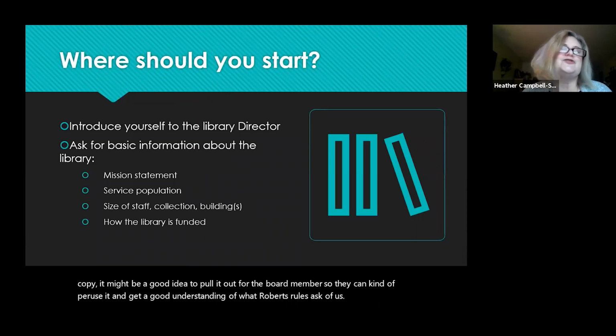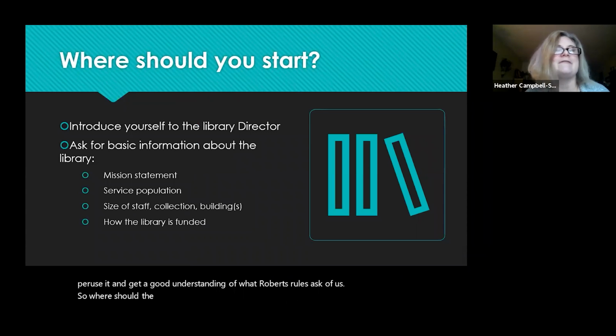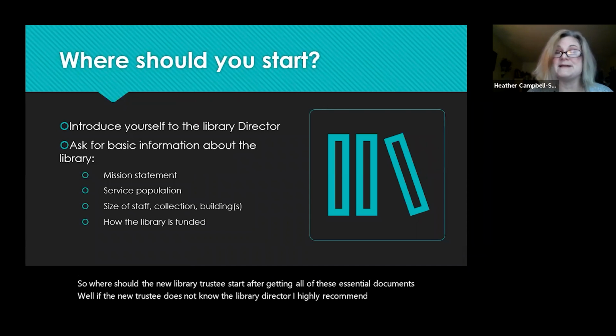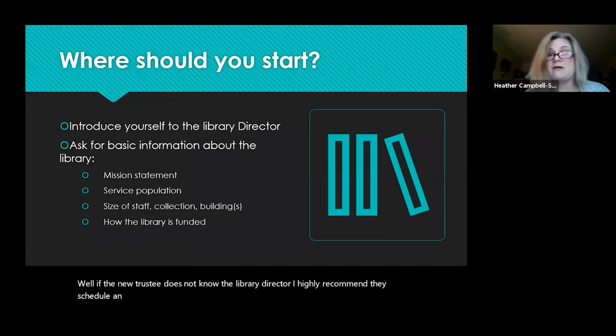So where should the new library trustee start after getting all of these essential documents? Well, if the new trustee does not know the library director, I highly recommend they schedule an appointment to meet with him or her to learn about the library.